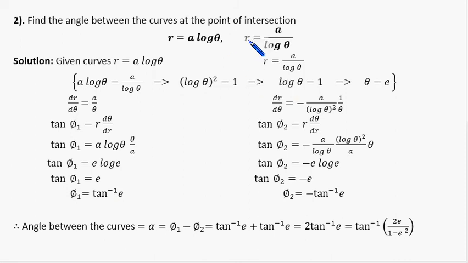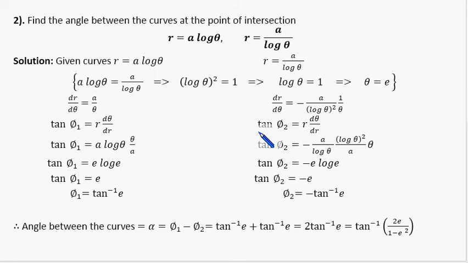Using the second curve, r is equal to a divided by log theta, differentiating with respect to theta, a is a constant, so dr by d theta is equal to minus a divided by log theta whole square into the derivative of log theta, which is 1 by theta.